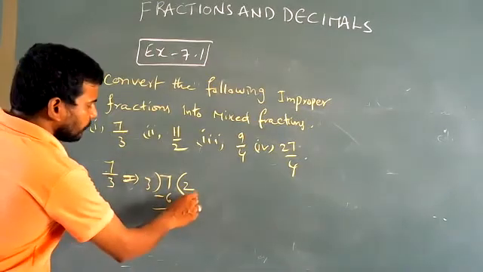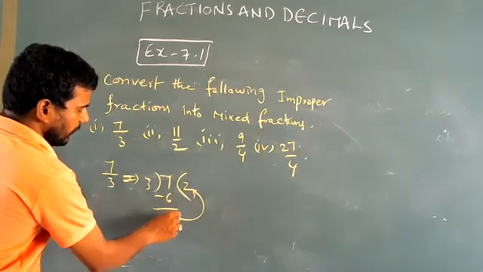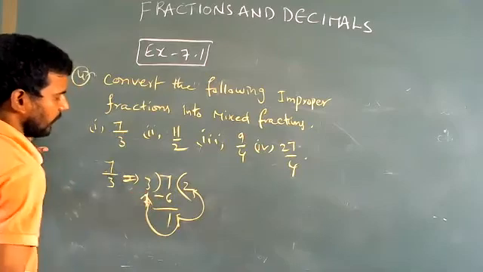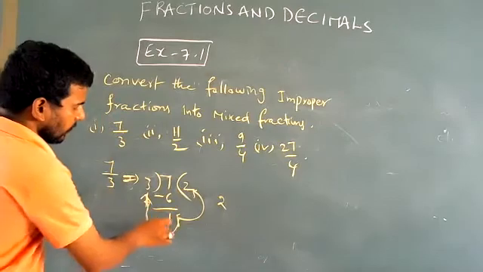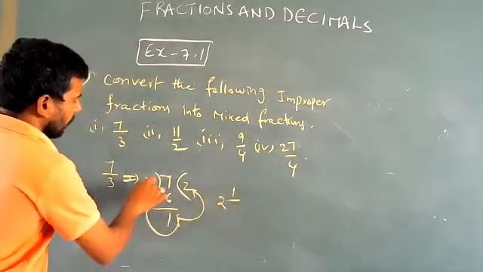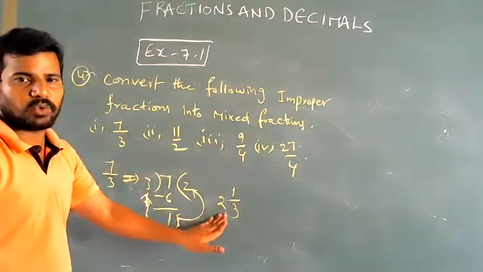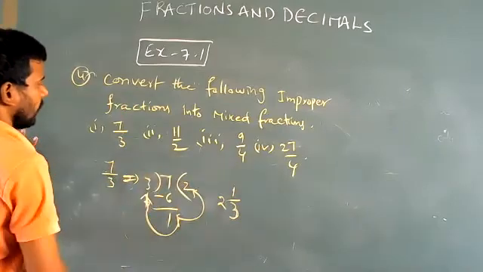So first we take the quotient, then the remainder, then the divisor. Quotient 2, remainder 1, divisor 3. So the mixed fraction of 7 by 3 is 2 1 by 3. This is the answer of the first one.